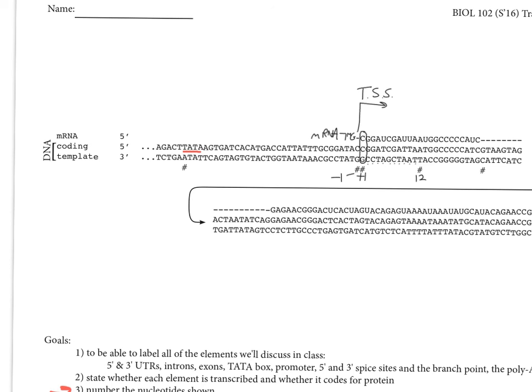And we know that's usually a certain distance away from where RNA polymerase starts transcribing, +1, the transcription start site. I won't waste your time counting it, but it's something like 30 nucleotides. It's about -30.